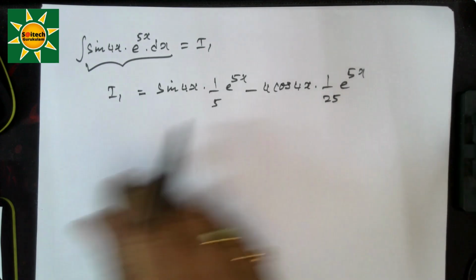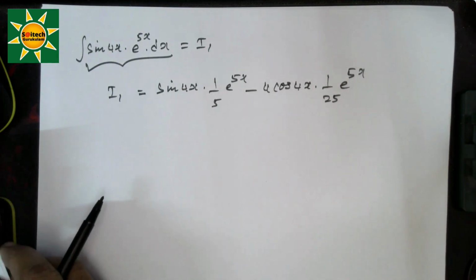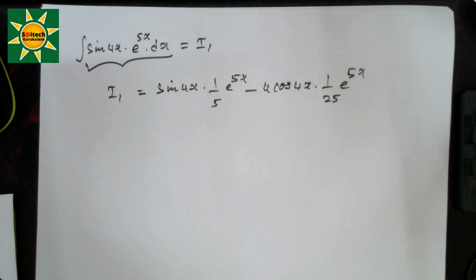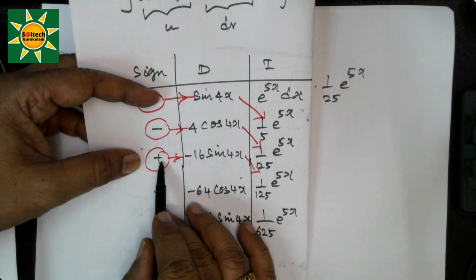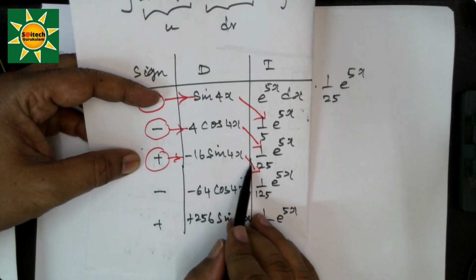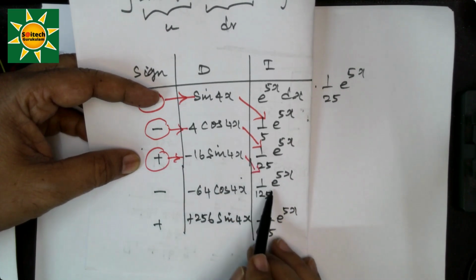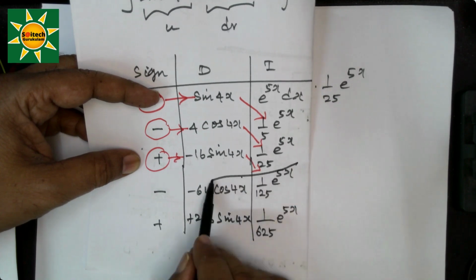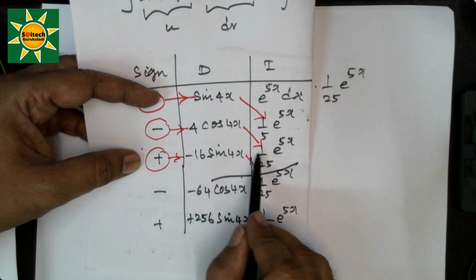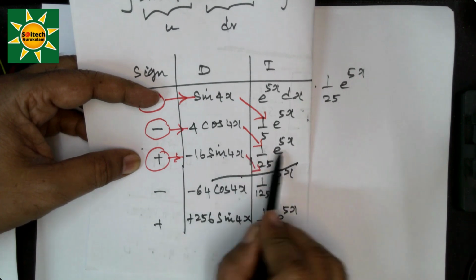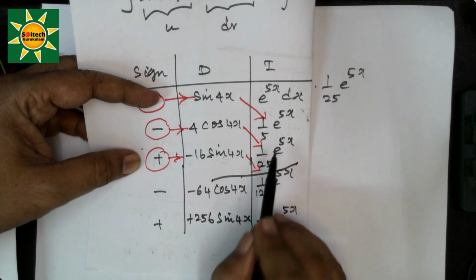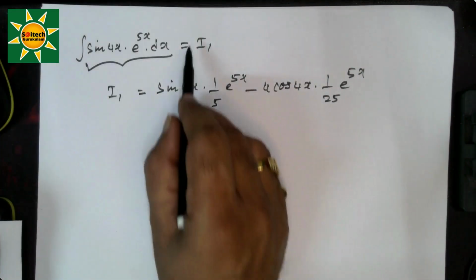Now we have to proceed and look at this here. So we have to put plus, but we cannot proceed diagonally like this, because we are going to retain this as v du as such. We are not going to further integrate it. Instead we are going to replace with I1.